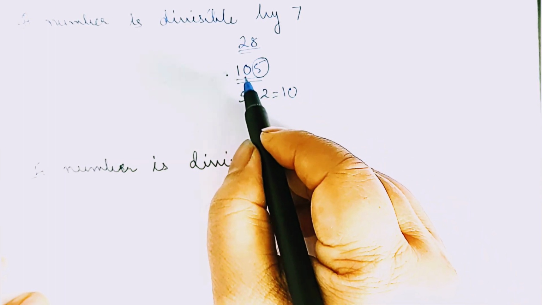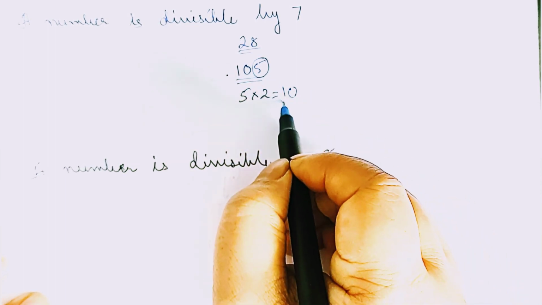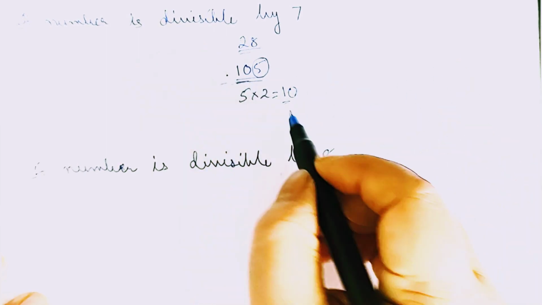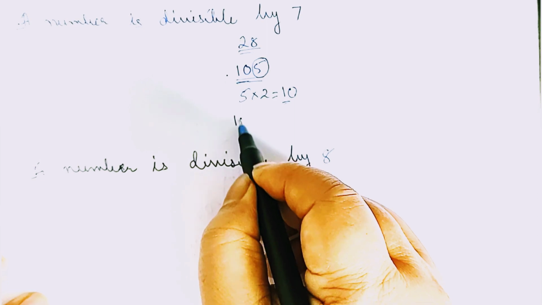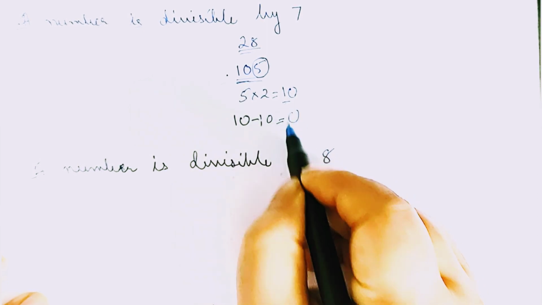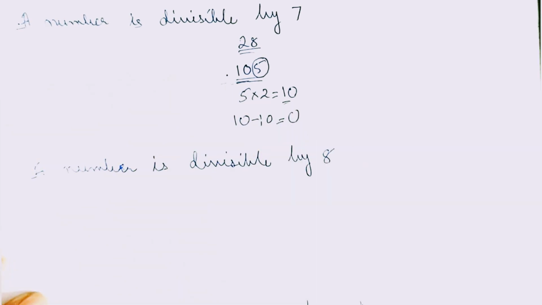Now you have to subtract this number from the rest. So 10 minus 10 is equal to 0. So this number is divisible by 7. Okay.